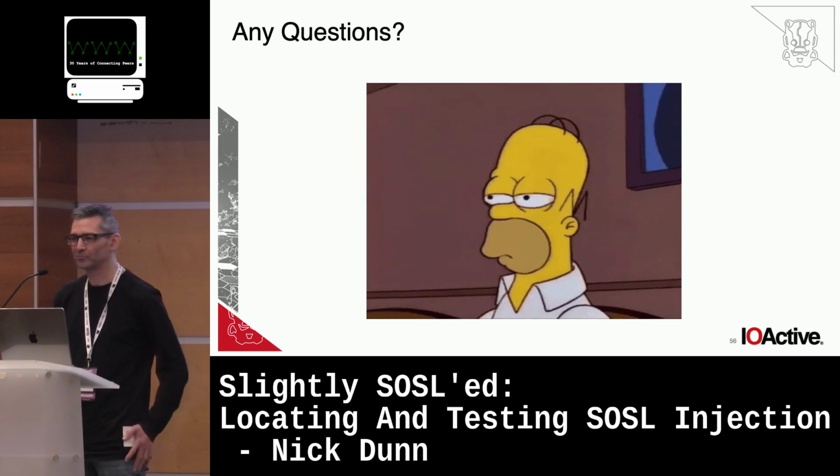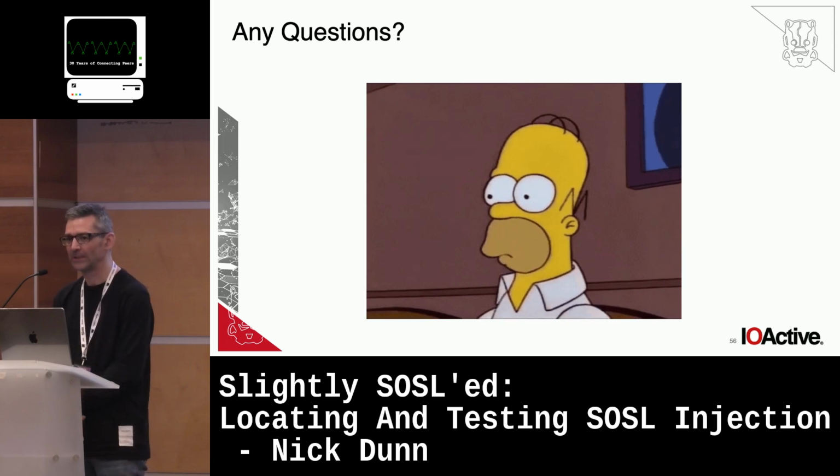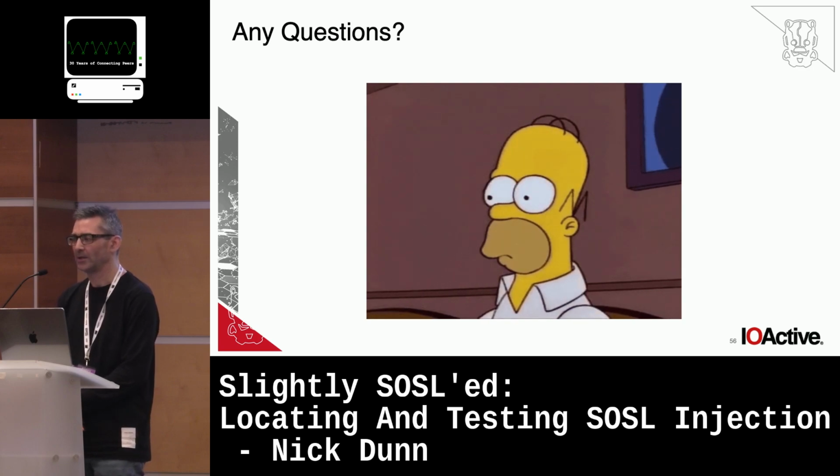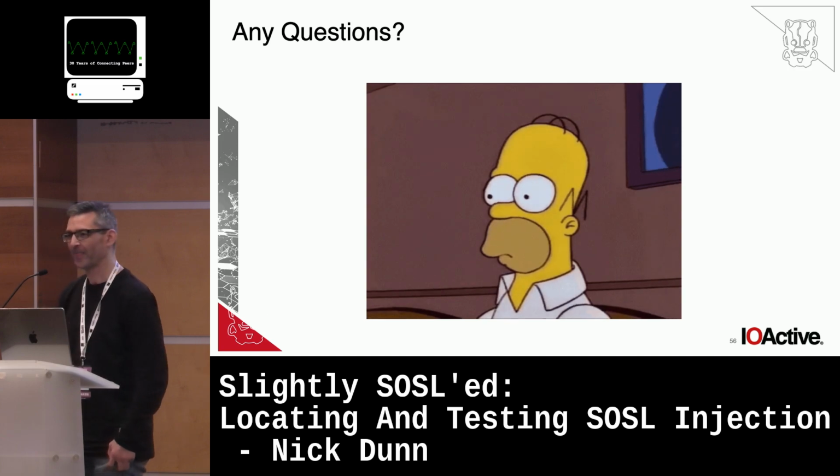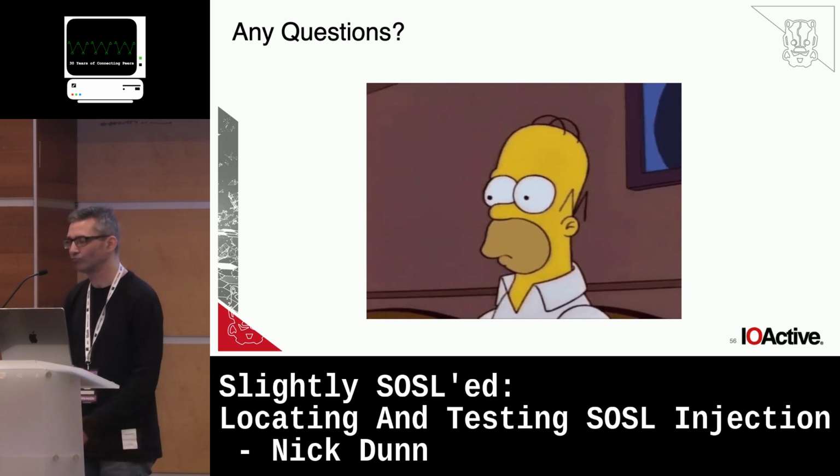How prevalent is this vulnerability in your experience? Is it in every application using SOSL, or is it pretty rare? I'll caveat this by saying the number of SOSL applications I've come across and tested has been single figures, not double figures.